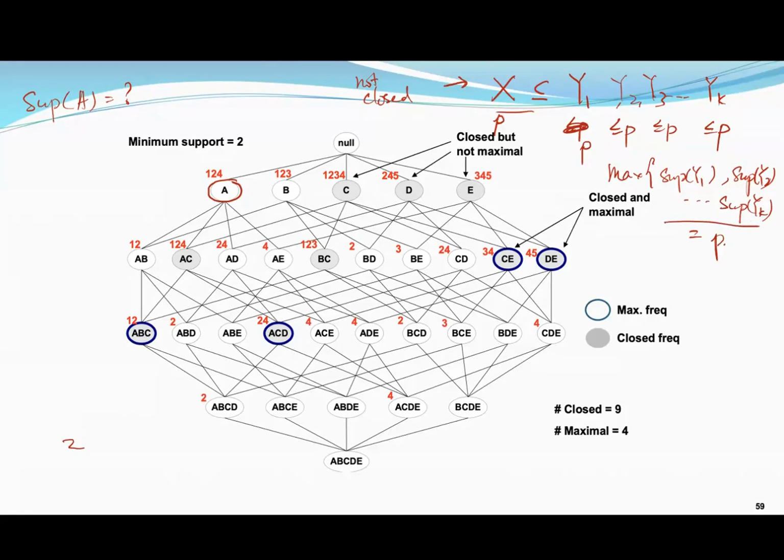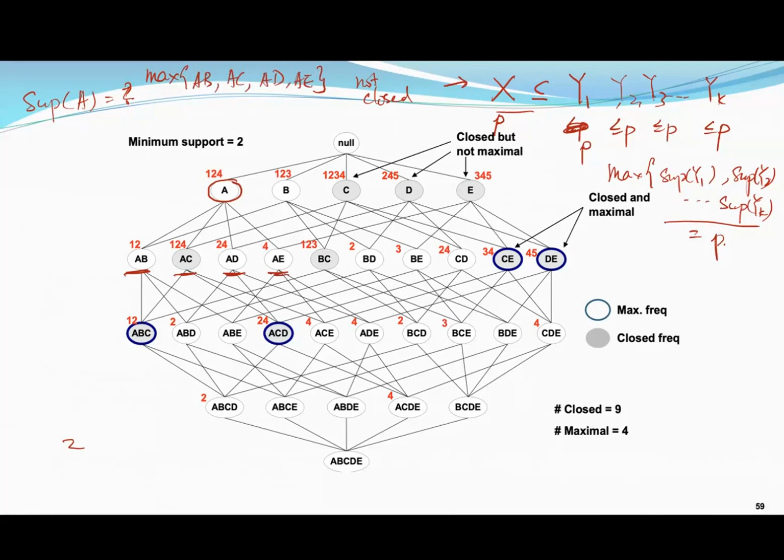That is to say, the support count of A must be equal to the maximum of the support counts of the immediate supersets of A. So what are the immediate supersets of A? Well, we have AB, AC, AD, and AE. These are the immediate supersets of A, right? So what is the maximum support count of AB, AC, AD, and AE?